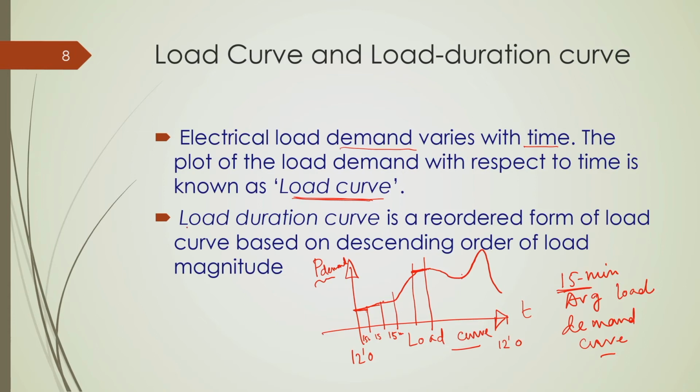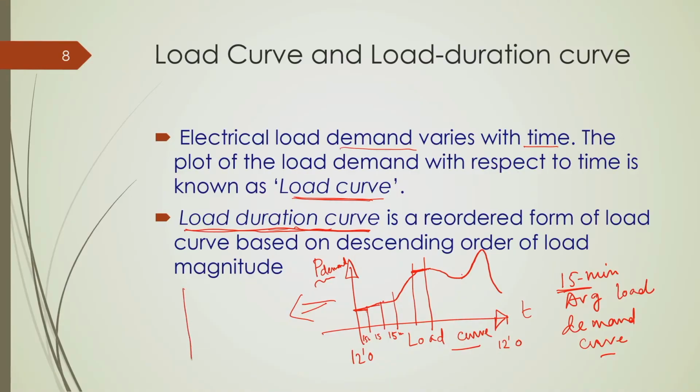Now, there is another type of characteristic called the load duration curve. It is similar to the load curve, and it is drawn from the load curve itself. What is actually done is that the load demand is just sorted in descending order and plotted. So, this plot will be something like this. It is a step-size plot, and each step you can consider as the average of 15 minutes.